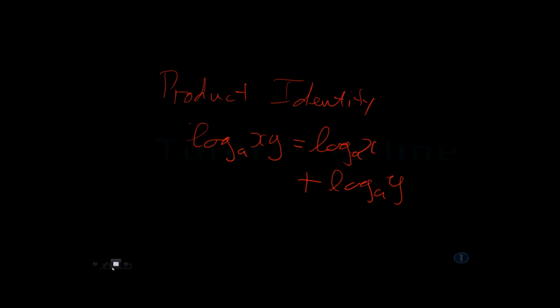Now, we need to set about to prove this identity. Let's just write the identity down again. We say the logarithm of x times y to the base of a is equal to the logarithm of x to the base of a plus the logarithm of y to the base of a.